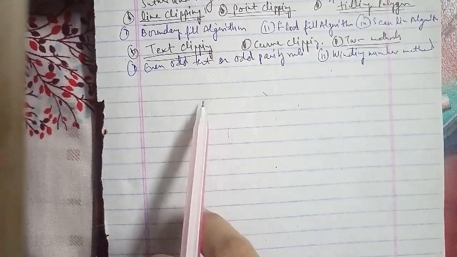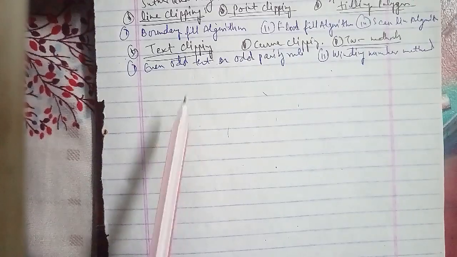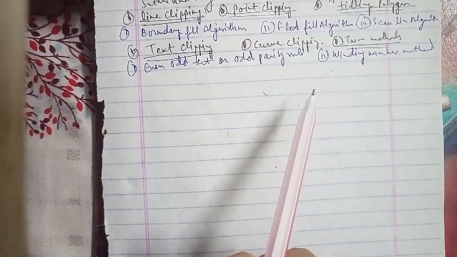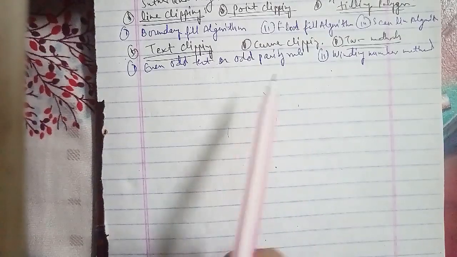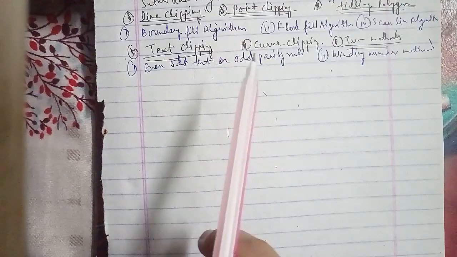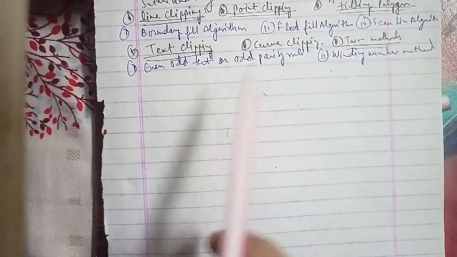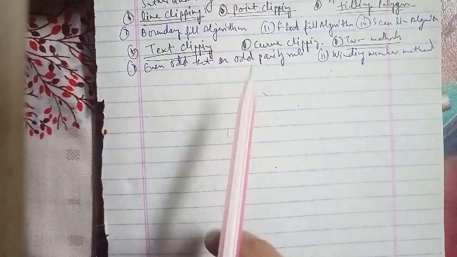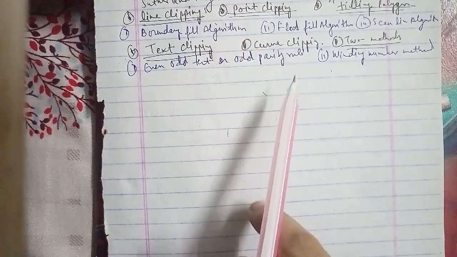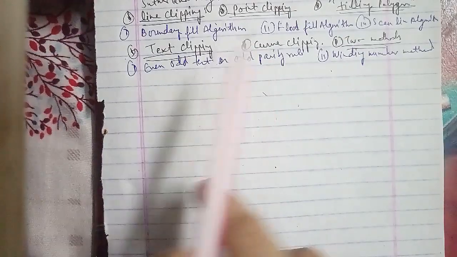The other question is, mapping a part of the world coordinate scene to device coordinates is referred to as dash transformation. The answer is, mapping a part of the world coordinate scene to device coordinates is referred to as a viewing transformation here. The other question is, dash matrices are required to rotate an object about a point x comma y.